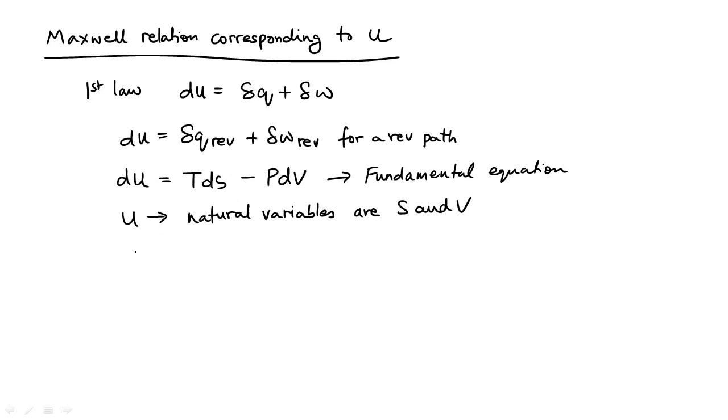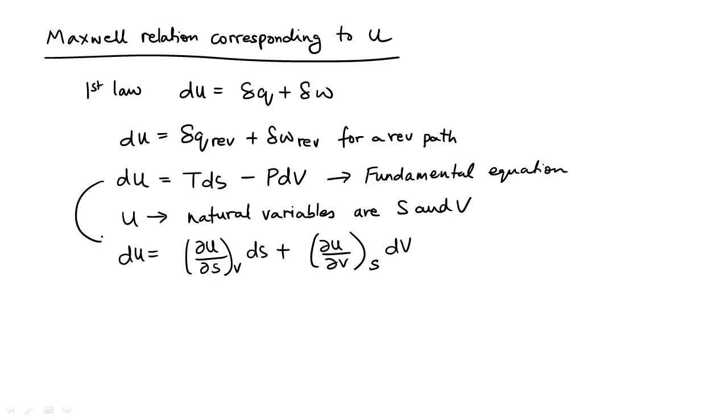Now let us write the formal total derivative of dU in terms of the natural variables, and that is del U by del S at constant volume dS plus del U by del V at constant S dV. Now comparing these two equations, we see that del U by del S at constant volume is temperature and del U by del V at constant entropy is minus pressure.